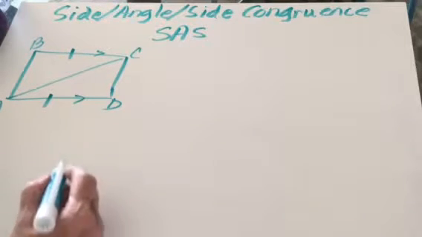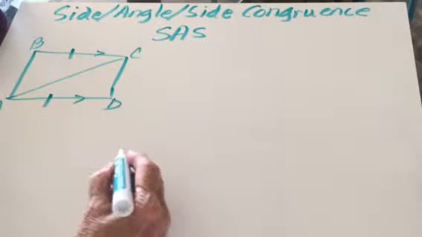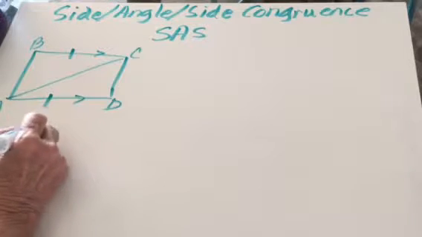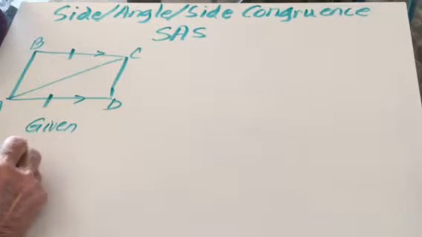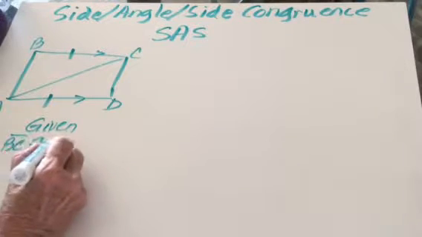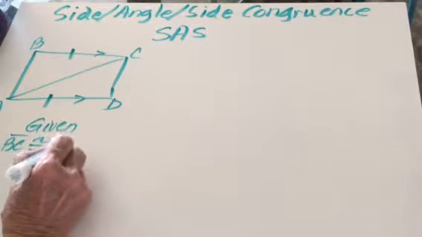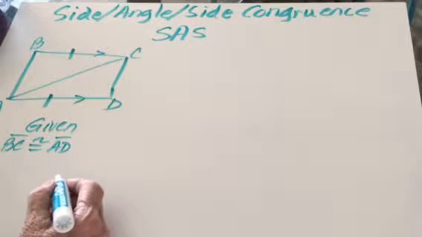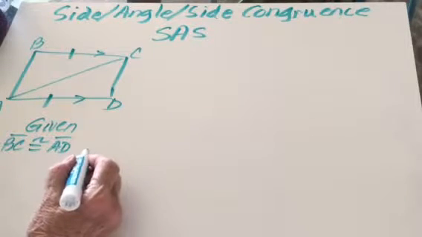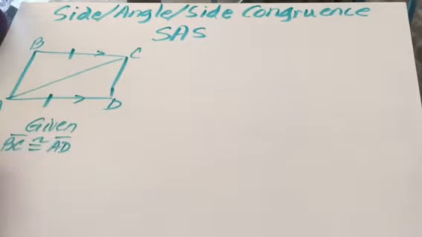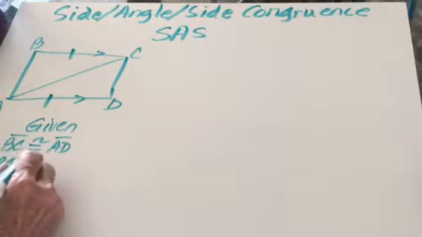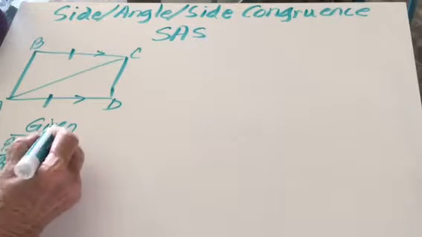So here's what is given: BC is congruent to AD. And the other thing that is given is that BC is parallel to AD.